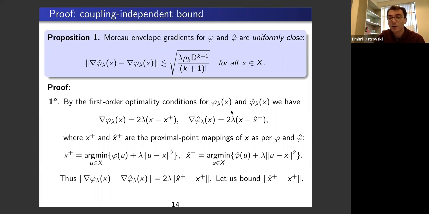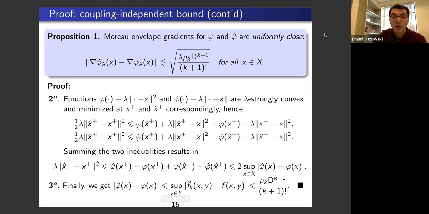Okay, so now how to bound it? This is easy to bound. You use the strong convexity of the two functions. The function phi is lambda strongly convex, and the regularized function phi hat is almost lambda strongly convex, up to the negligible higher order terms, as I mentioned in the beginning.